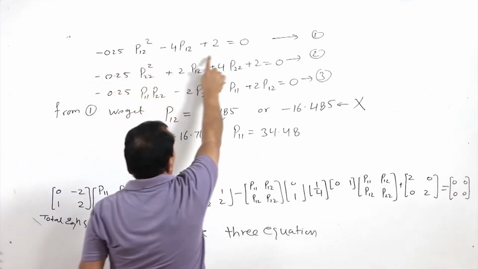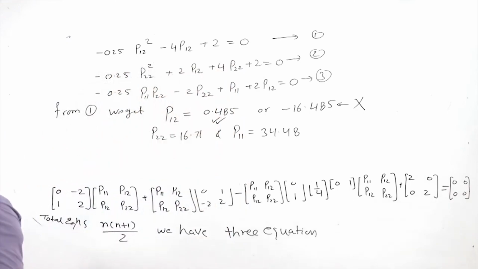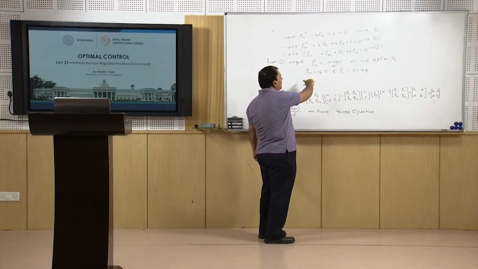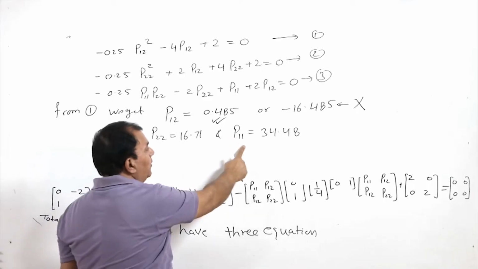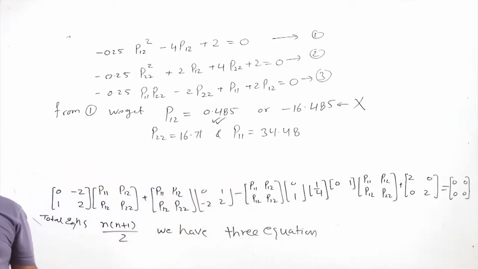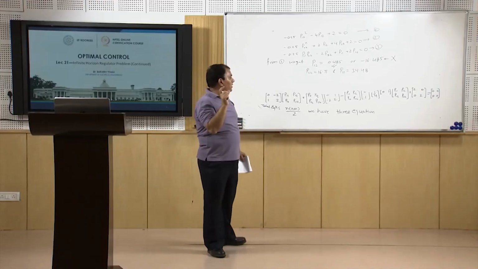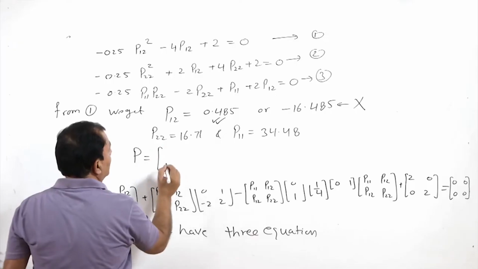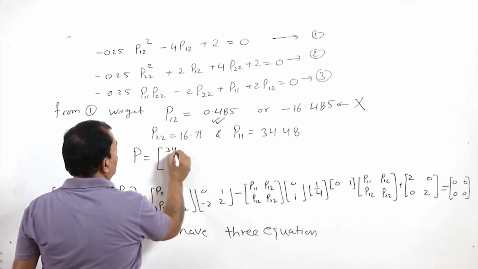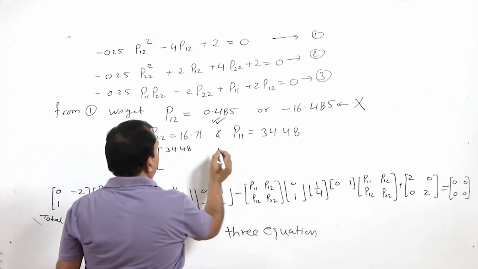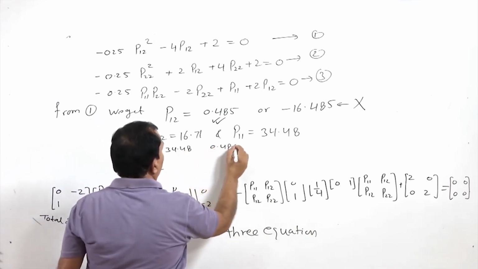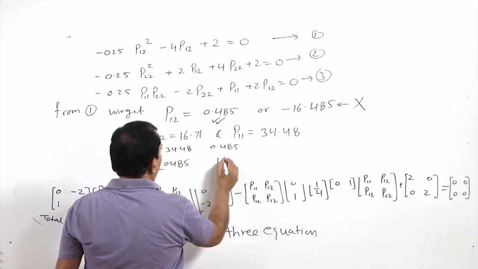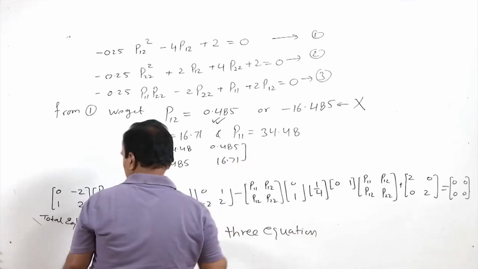My first step will be to solve equation 1 and find the value of P12; for each value, I will have the values of P22 and P11. We have to select those values which give me P to be positive definite. So, by this I can select my P to be 34.48, 0.485, 0.485 and 16.71.